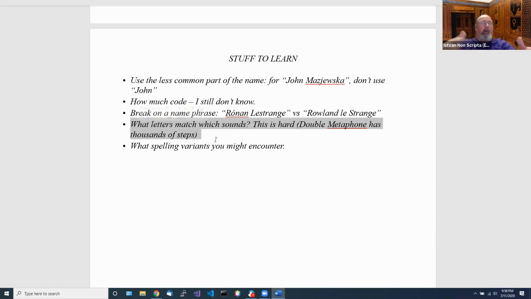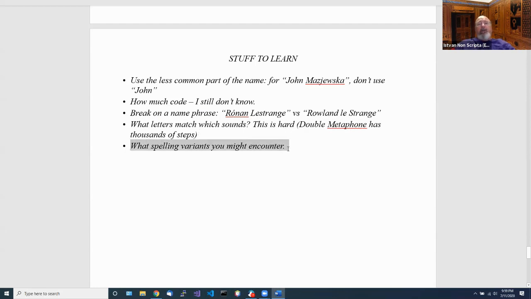Well, nothing, so I'm not going to list anything. SoundX has about, I think it's 50 or 100 steps, and it's 60 years old. Double Metaphone is one of the newer ones. It has several thousand steps. SoundX does spell Hungarian.